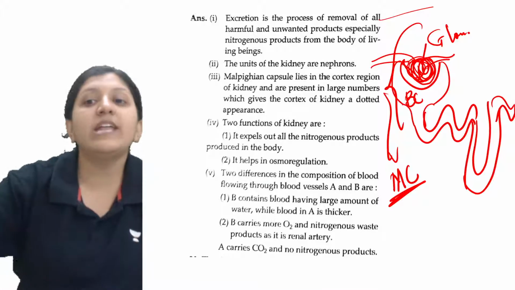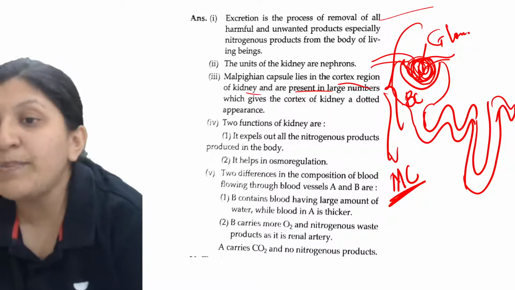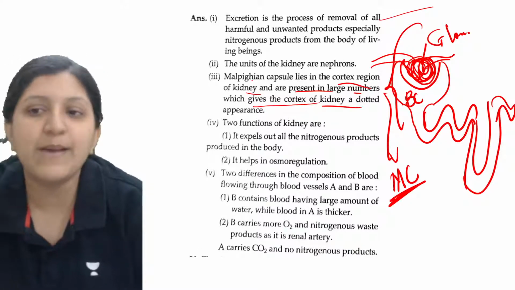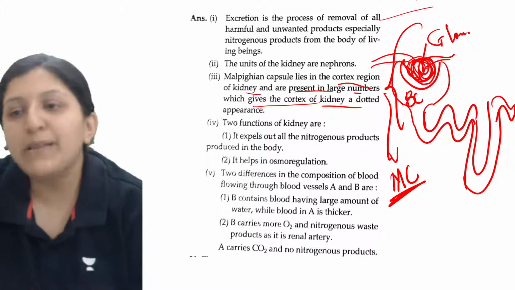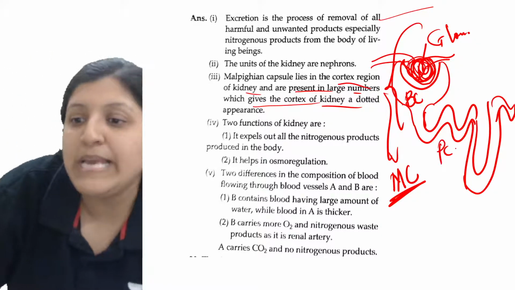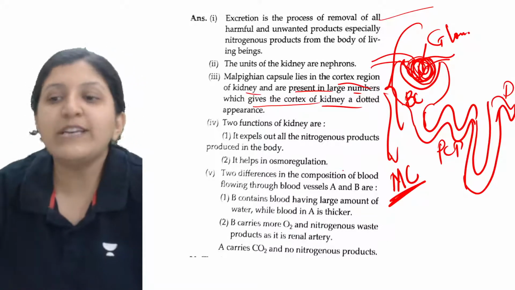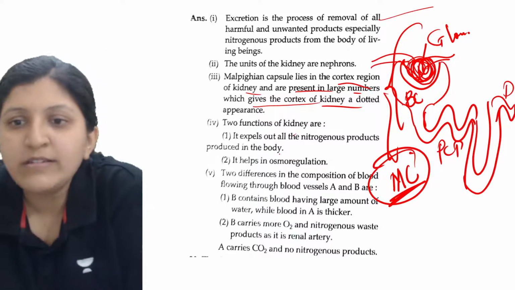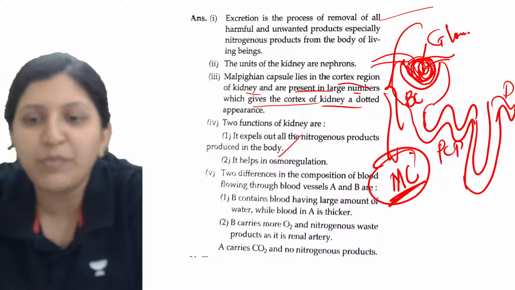The Malpighian capsule lies in the cortex region of the kidney and is present in large number, so the cortex appears dotted mainly because of this. The PCT and DCT are also there, but the dotted appearance is mainly because of the Malpighian capsule. Expelling out the nitrogenous waste is nothing but urine formation.